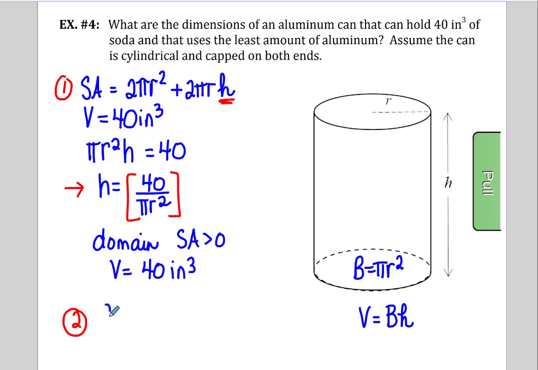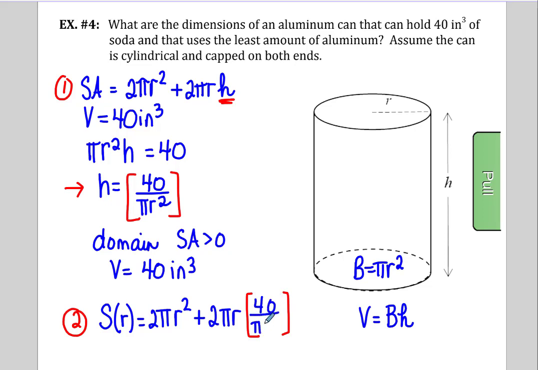So our surface area in terms of just radius is 2 pi r squared plus 2 pi r times h. So our h value is 40 divided by pi r squared. You with me so far?